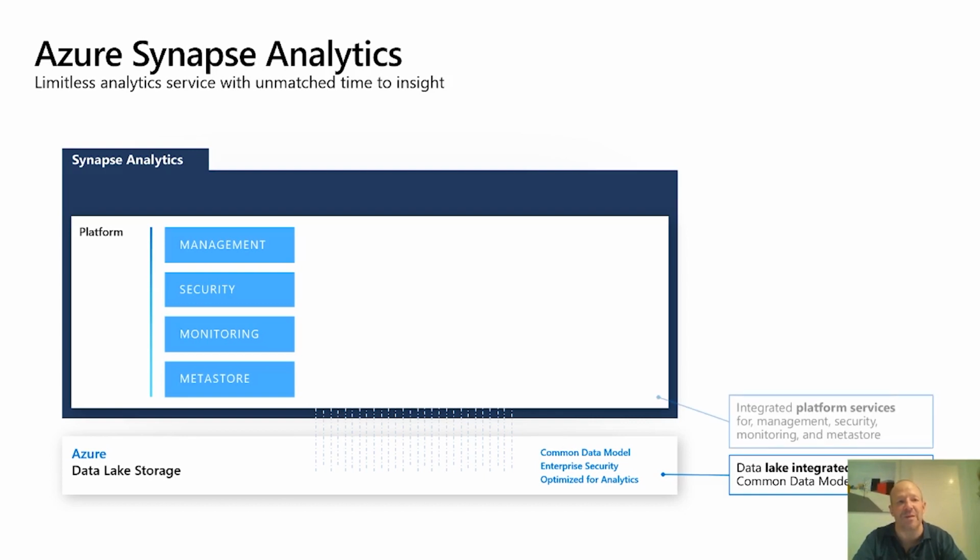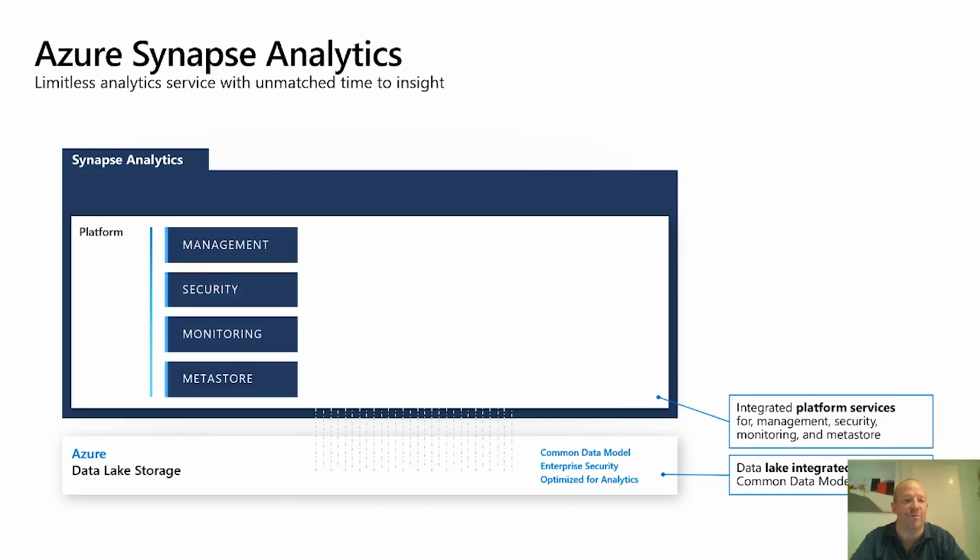The Synapse experience itself gives you kind of a unified management, security, monitoring, and Metastore kind of experience, which is one of the values of Synapse being integrated, that it takes away a lot of the pain of setting up that more complex piecemeal modern data warehouse pattern that you had to do before, where you had to handle security in each different component separately, where you had different management tools, where you had different monitoring experiences, and you had siloization of your data and metadata.